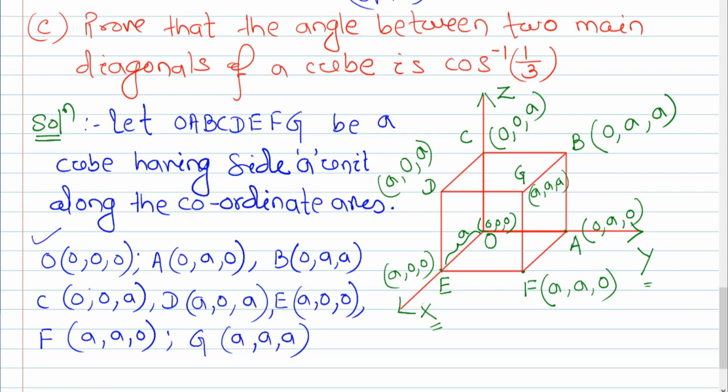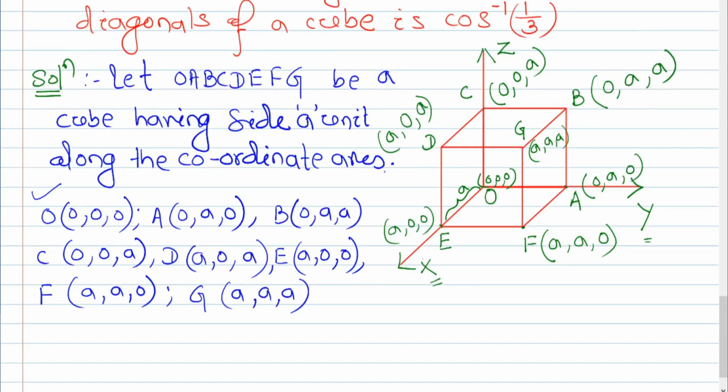Okay, now we have to find the angle between the two main diagonals. You see, two main diagonals are OG. If you join O and G, you will get one main diagonal. Another main diagonal is by joining E and B. Also, if you join F and C, another main diagonal.